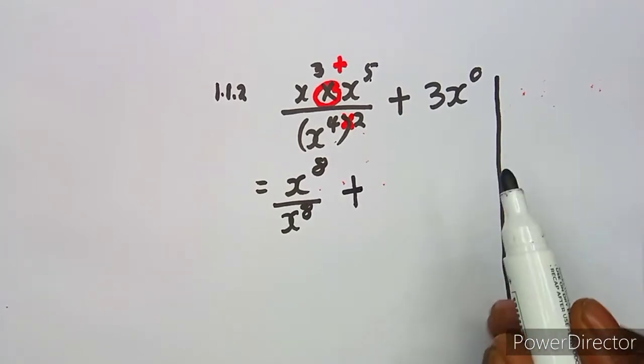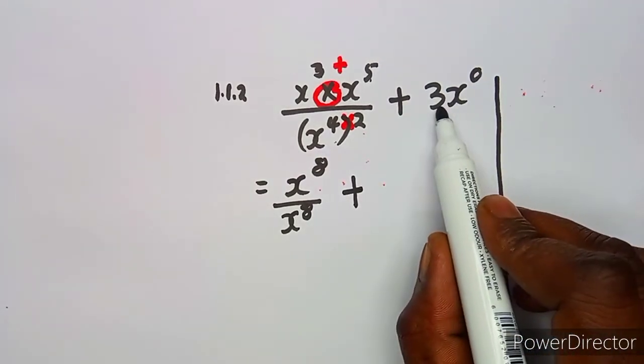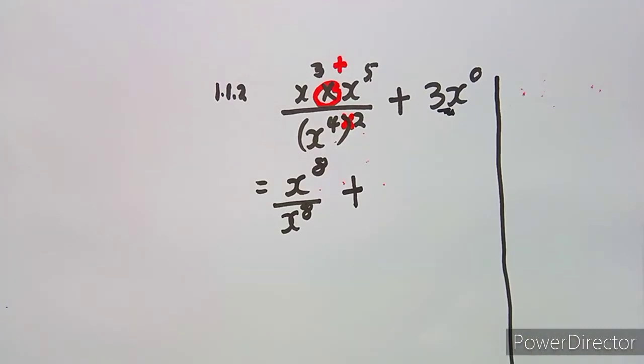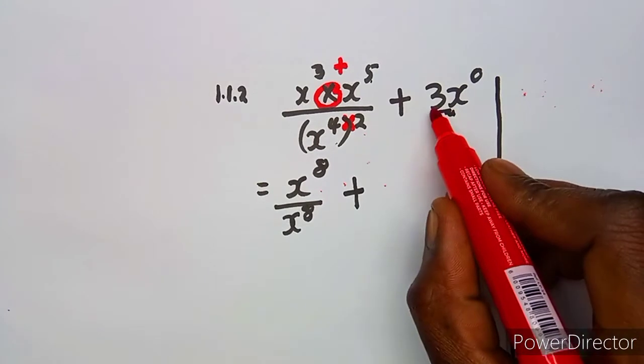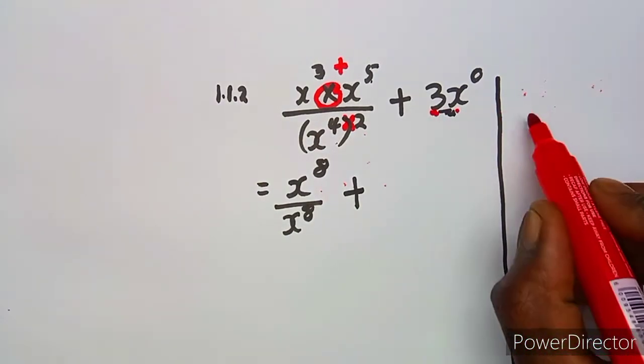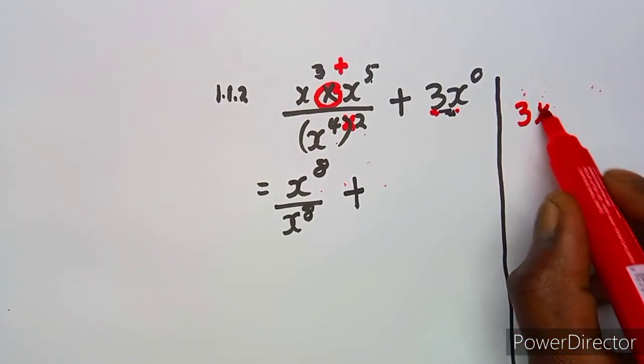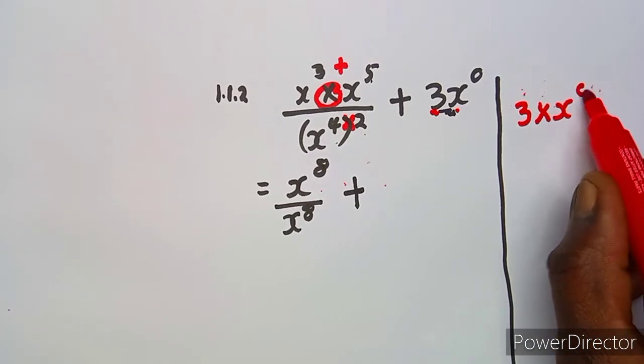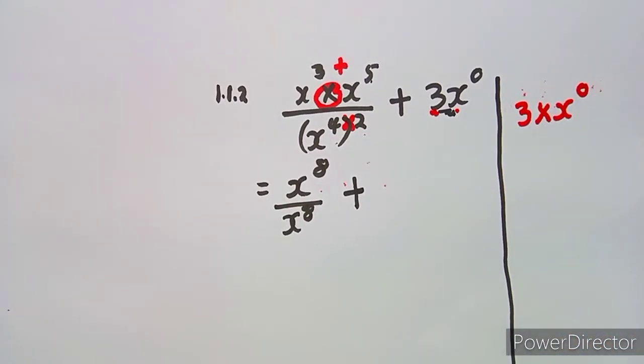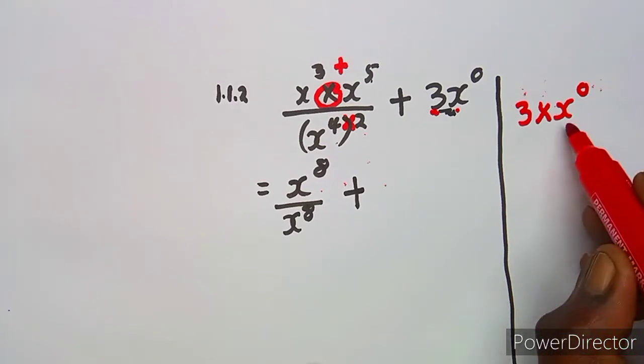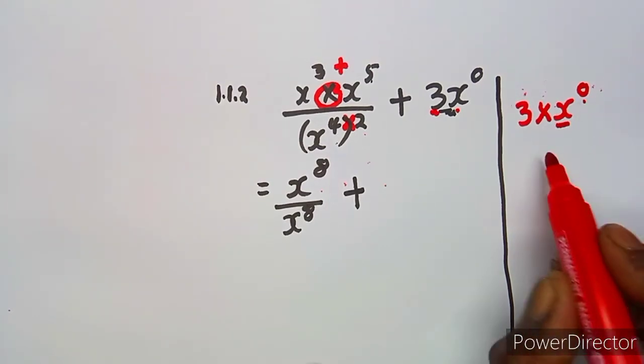All right, we move on to this part here. I want you to take note, guys. Those terms that you are given, these are 2 terms. We have got 3, we have got x. This is the same as 3 times x to the exponent of 0, like this. That is what this term means. So we know that any number to the exponent of 0 is 1.